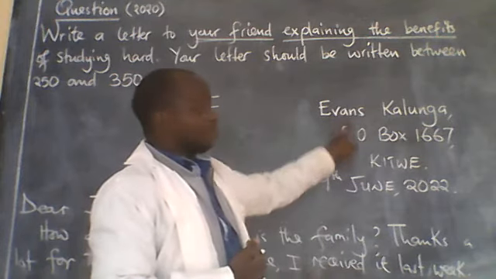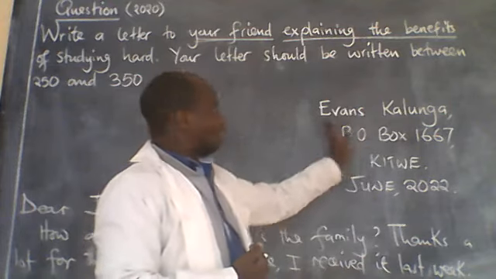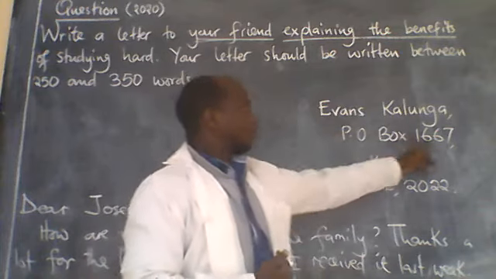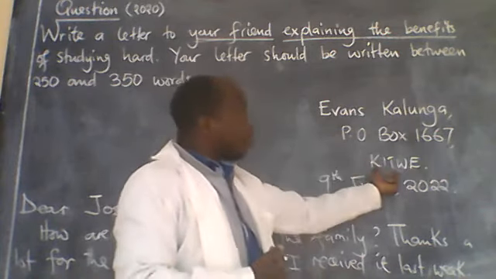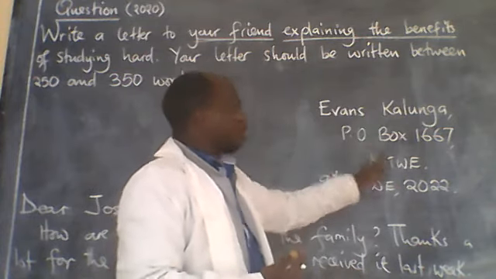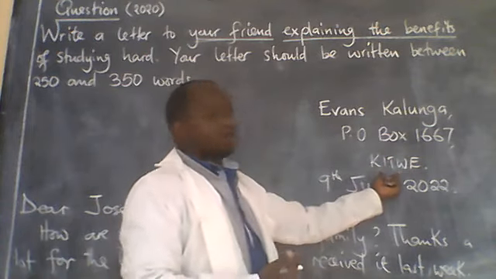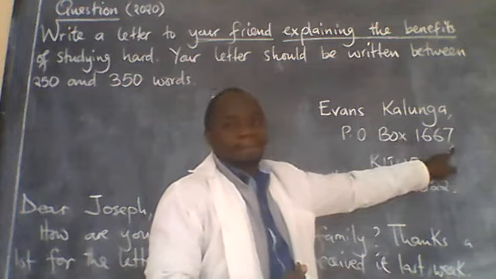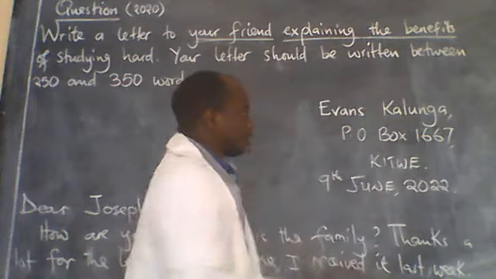Then P.O. Box 1667. Then I can specify, maybe before Kitwe, if you want. It's just an address. So if you want, you can write Nkana East, then Kitwe down. Full stop. Here you'll be putting a comma there. Then Kitwe, full stop.